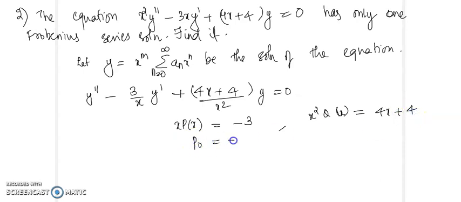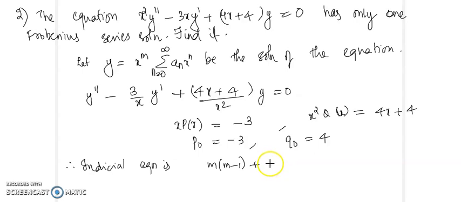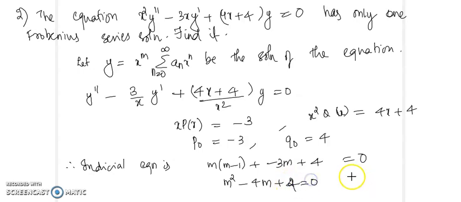Here p naught will be equal to minus 3 and q naught will be equal to 4. Therefore the initial equation is m into m minus 1 plus p naught m plus q naught, that is m square minus 4m plus 4 equal to 0. So that is m minus 2 whole square equal to 0. You will get m equal to 2, so both roots are equal to 2.